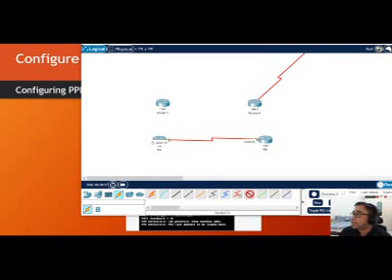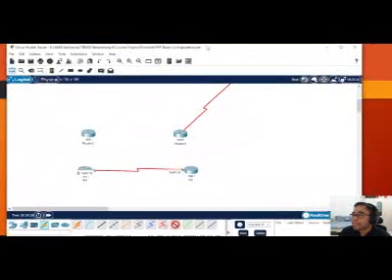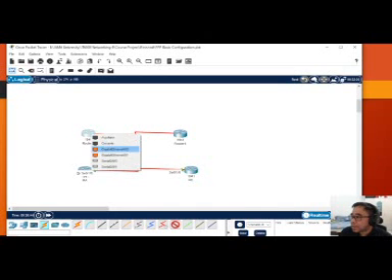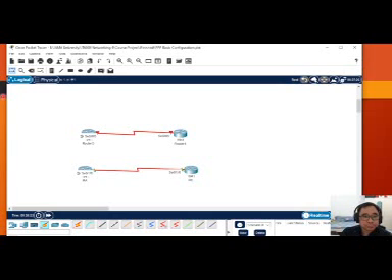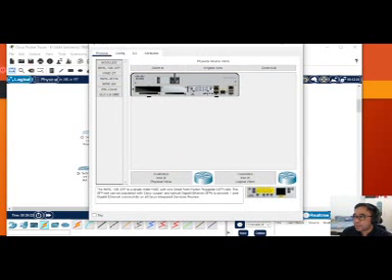Let's show it here, and let's go to serial. So let's configure the first router.